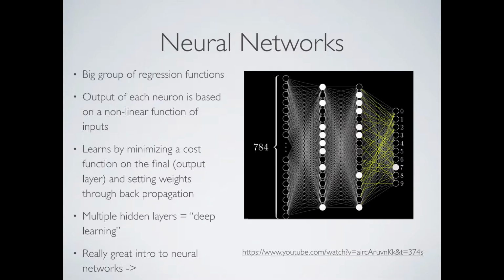In this case, it's digits from 0 to 9, so we're going to have 10 neurons. Whichever neuron has the highest output value is what the model is saying the image is. In this case, 7 fired the highest, so the model thinks that whatever your 784 input pixels were predicted a 7.